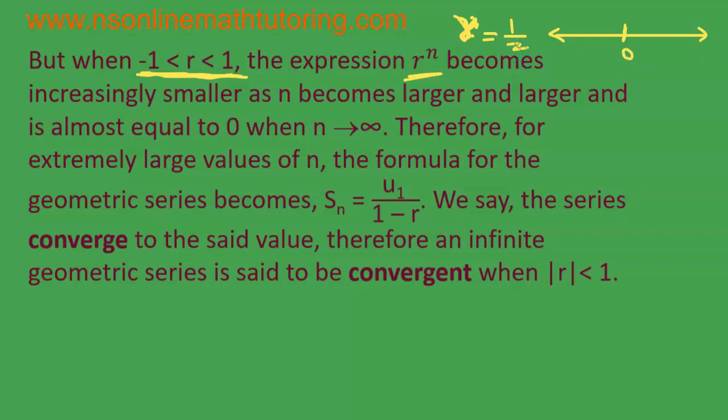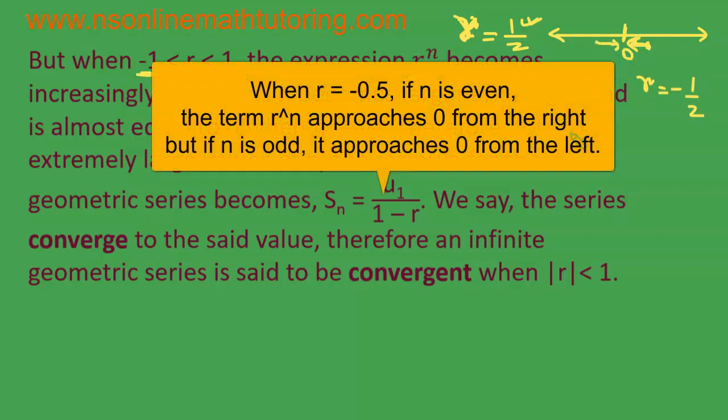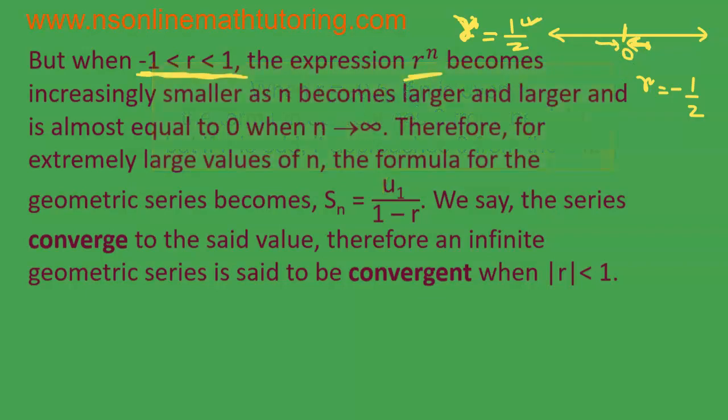When r is equal to half, as we are increasing the value of n, the number is becoming smaller and smaller, and all of them are positive. Therefore, maybe the first one was over here. Next, as we are increasing n, it is approaching the value of 0 from the right hand side. And when r is equal to say negative half, it is approaching the value of 0 from the left. So that is what is written over here.